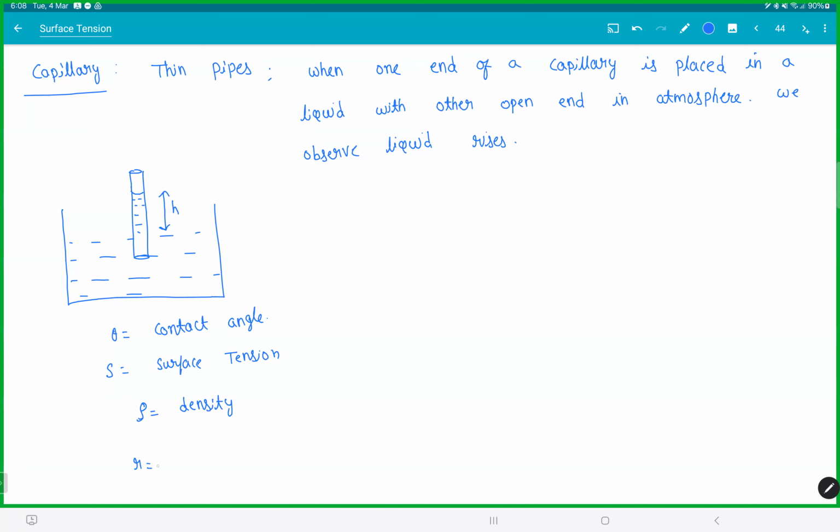R is the radius of the capillary. So what we will do, let's draw the FBD of the liquid in the capillary. This is called the force method according to HSC. But yeah, if you just draw the FBD of the liquid, that shape will look like this.